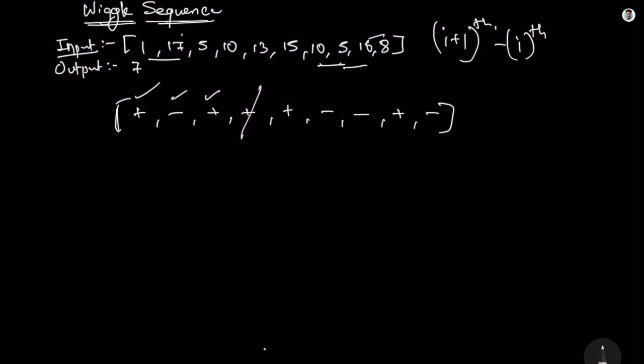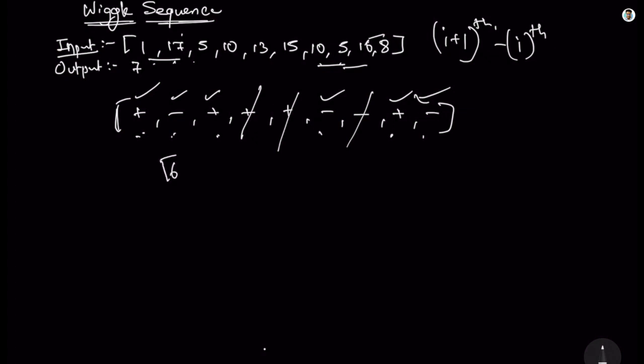So we will remove this positive. We want the next negative, so we get a negative. Then we want the next positive, so we get a positive. So ultimately the six differences that we have got are going to give us the Wiggle sequence.